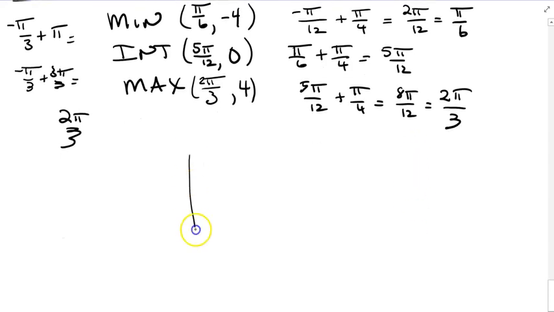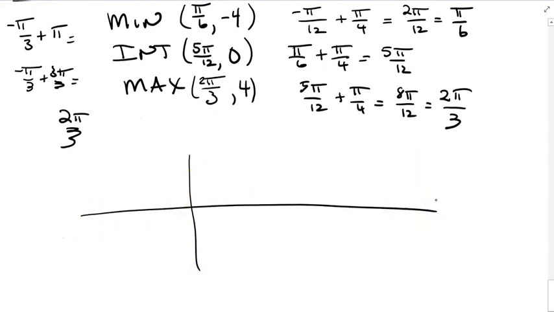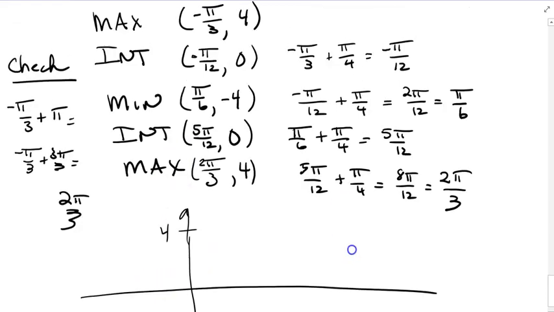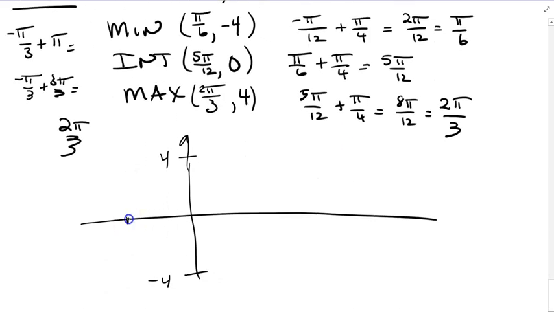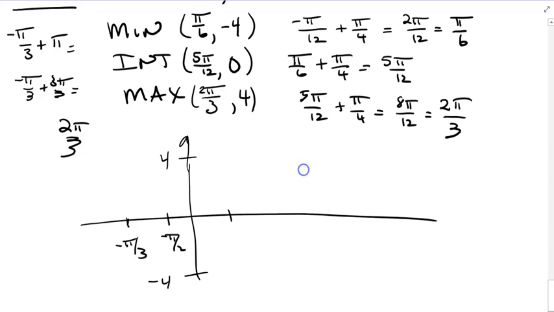Now that you have your points, it's just a matter of getting them on the graph. Be sure to label everything correctly. Remember, you're going to 4, down to negative 4, and we're starting at negative pi over 3, pi over 6, and 2 pi over 3.